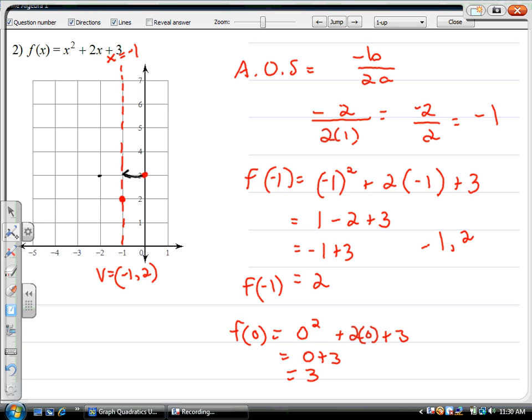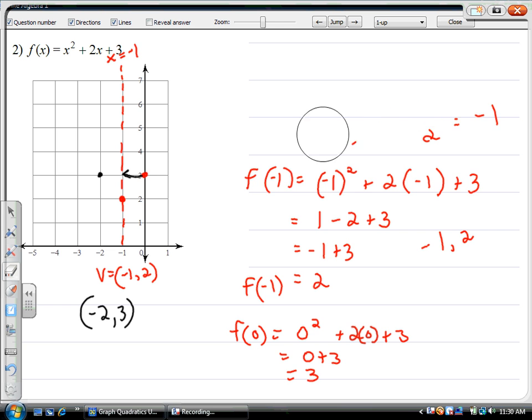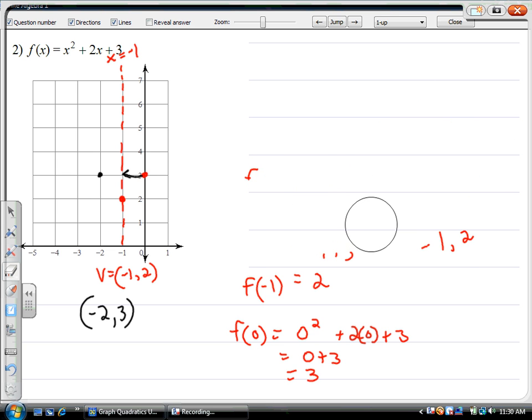So that would be right here at negative 2, 3. Okay, so what we can do is try finding another point. I like to stick to positive numbers, so I'll plot the point where x is equal to 1.